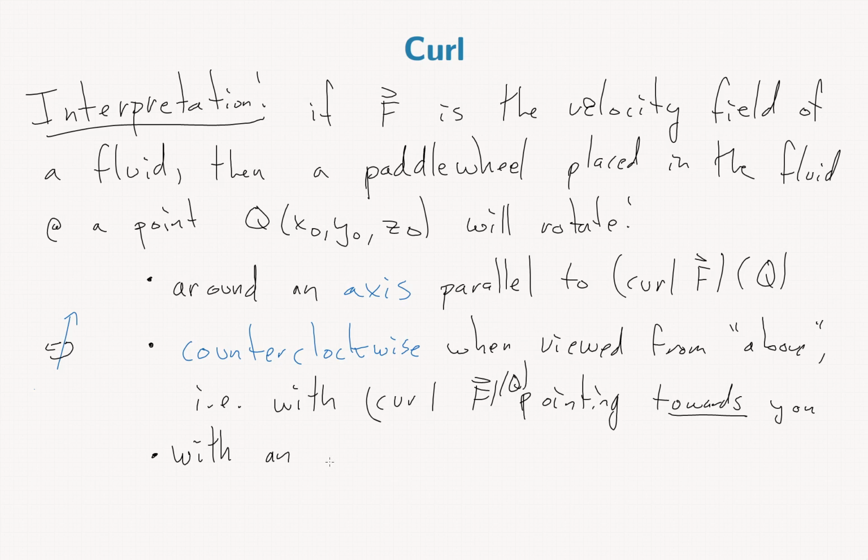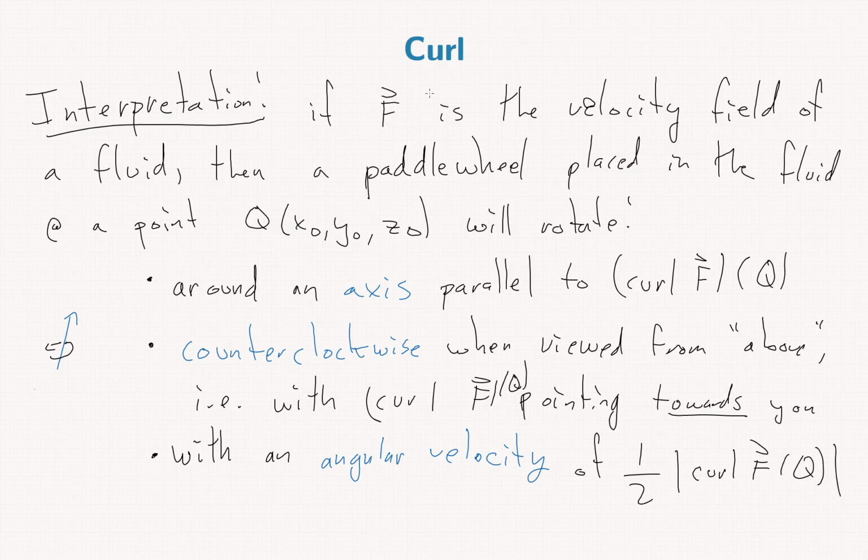Then the angular velocity, so how fast this is rotating: the magnitude of curl F isn't quite the angular velocity, it's twice the angular velocity.